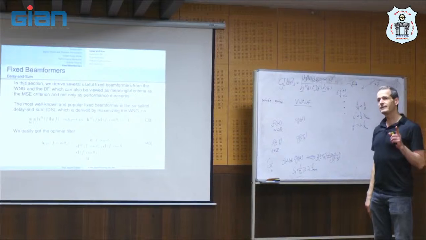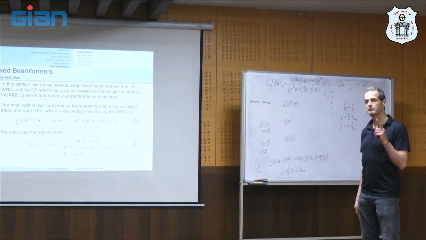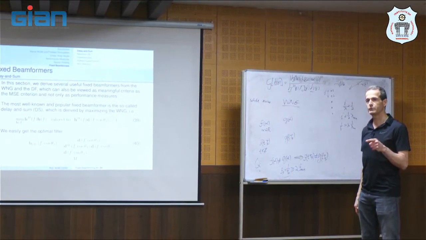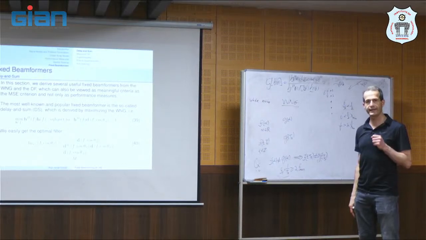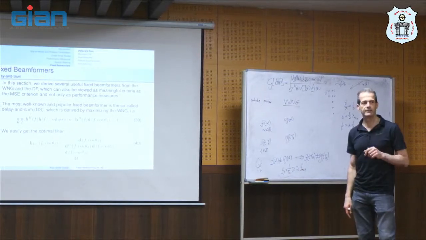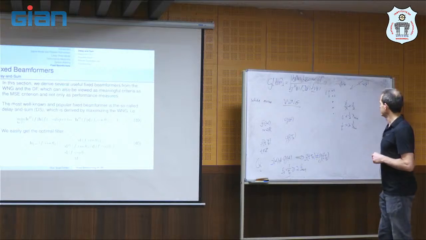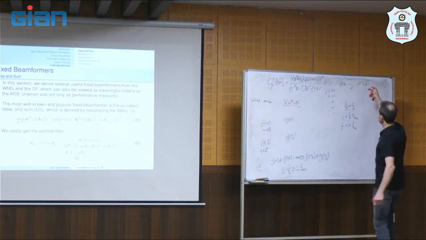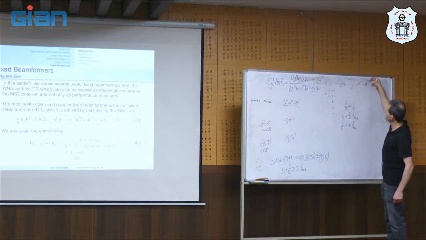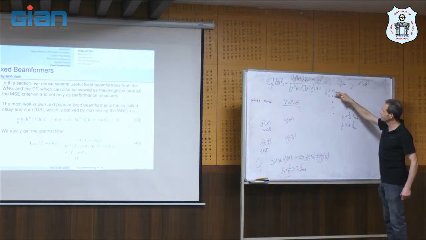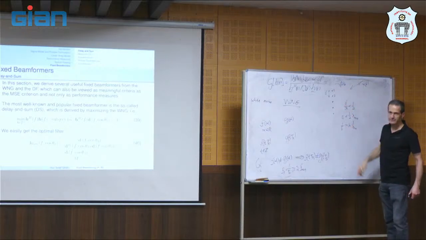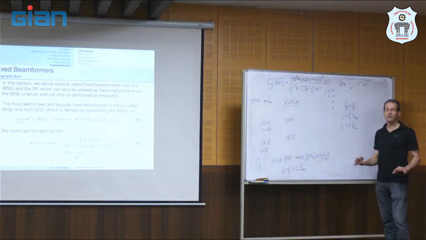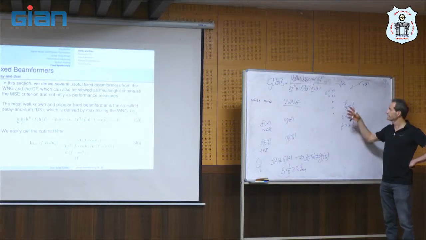But why is the delay and sum beamformer obtained from maximizing the white noise gain? Let's think. Assume that we have a propagating wave from a certain direction, and the noise in all these sensors is simply thermal noise, uncorrelated noise.